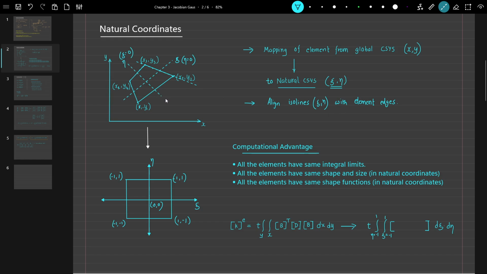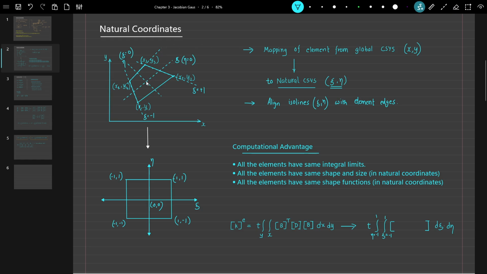This is zeta equal to 0, and this will be zeta equal to 1. Similarly this will be zeta equal to -1, and this is +1. So we align the zeta lines along the element edges. Similarly, this is eta equal to 0, and this will be eta equal to 1.